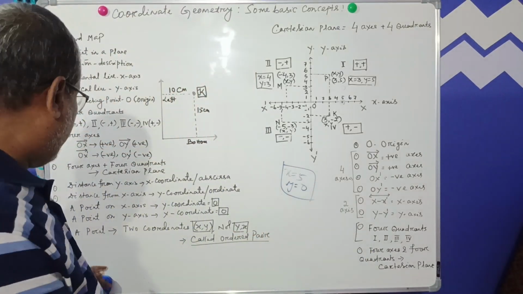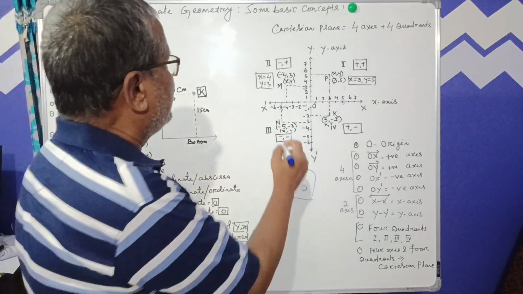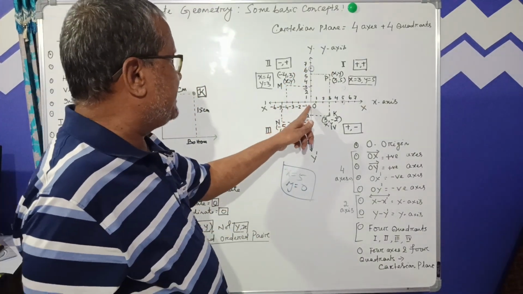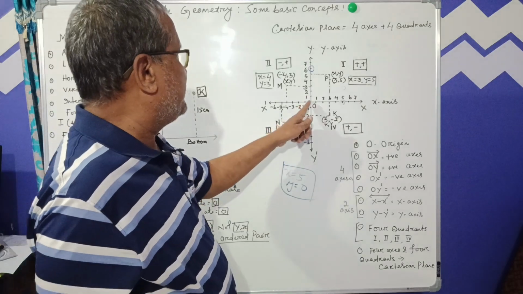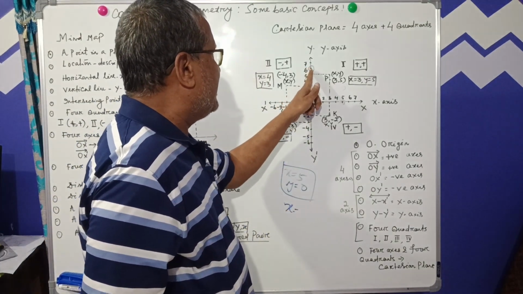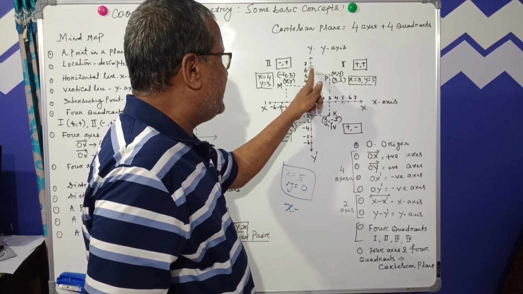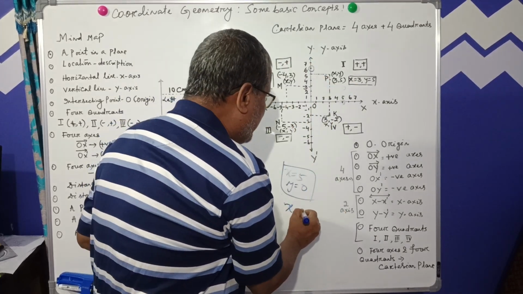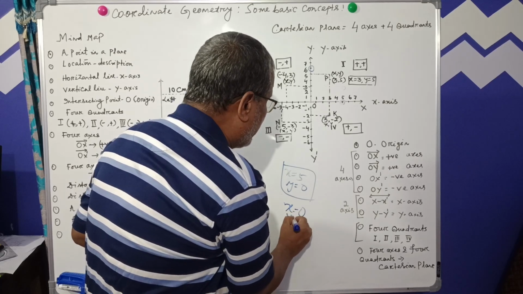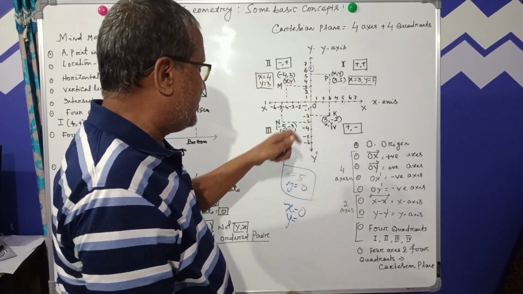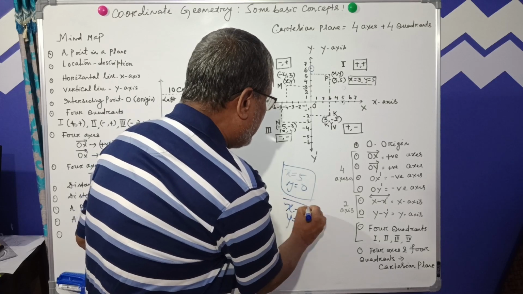Just vice versa, a point on the y-axis. Let the point be here. There is no perpendicular distance toward the right or toward the left. So x is equal to 0, and y coordinate is the distance from the origin, that is 6.